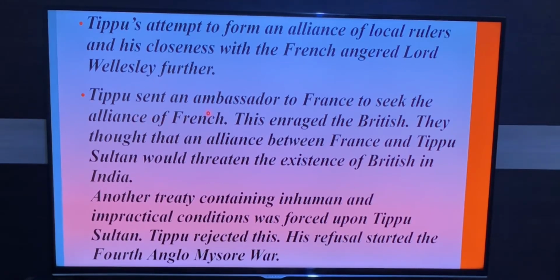Tipu sent an ambassador to France to seek the alliance of the French. This further enraged the British. The British knew the alliance between France and Tipu Sultan could be a threat to their existence. Tipu was forced to sign another treaty. He did not agree. This led to the next battle, that is the Fourth Anglo-Mysore War.